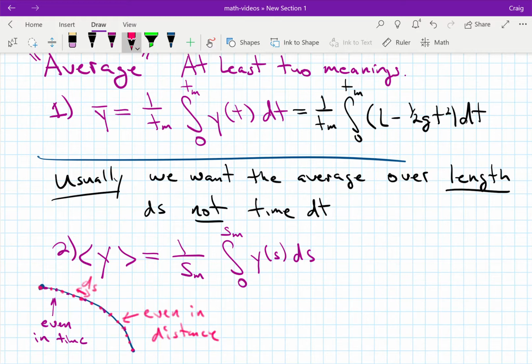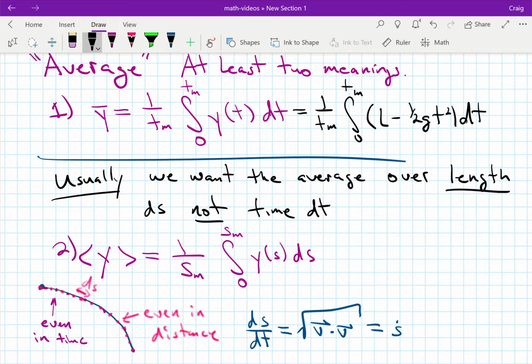And so we know the distance that I travel in a given unit of time, that's just the speed. So this is the square root of v dot v. That's the magnitude of the velocity vector. Okay, and so let me call that s dot. So that's the time derivative of the arc length along the path.